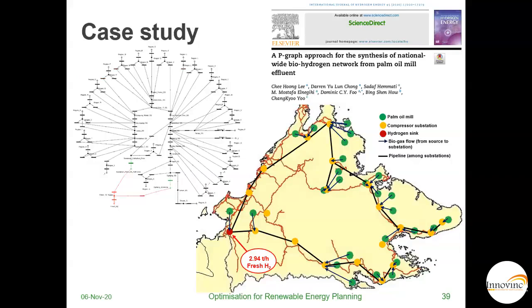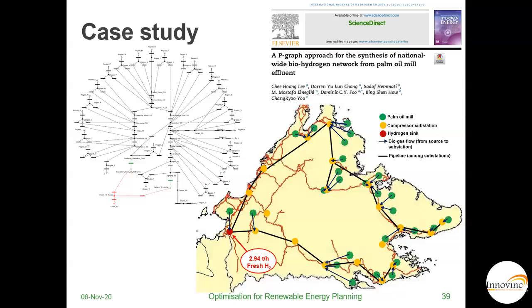We're showing a map here. If you're familiar with Malaysia, we have a big island called Borneo, and this is in the northern part of Borneo, where palm oil mills are abundant. There are maybe over 300 palm oil mills where palm oils are converted from fresh fruit bunches into edible oil and some oleochemical downstreams.